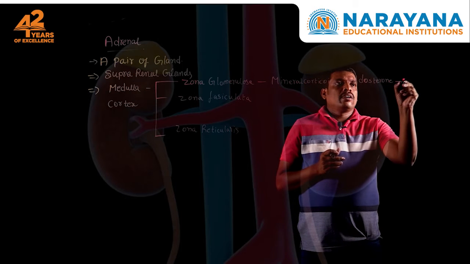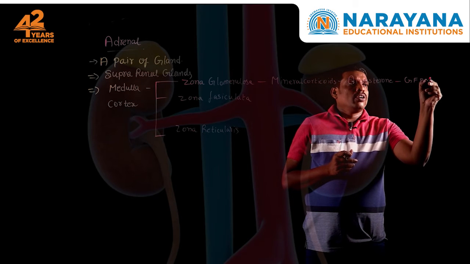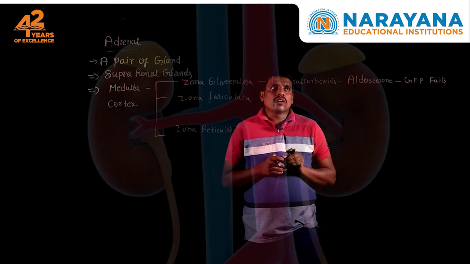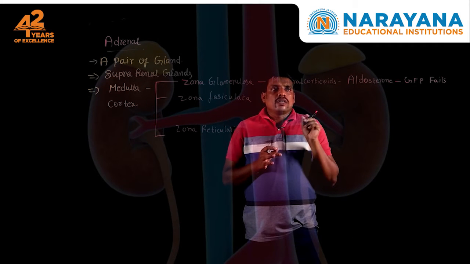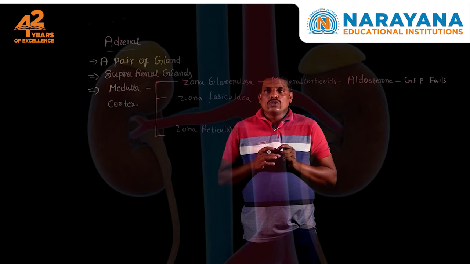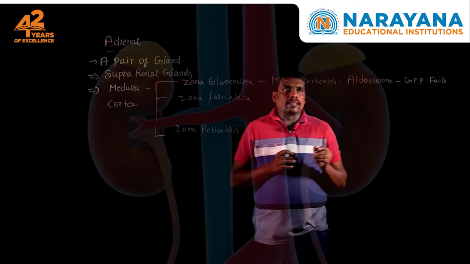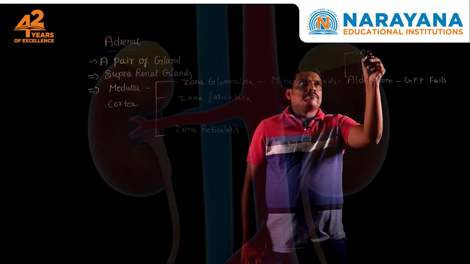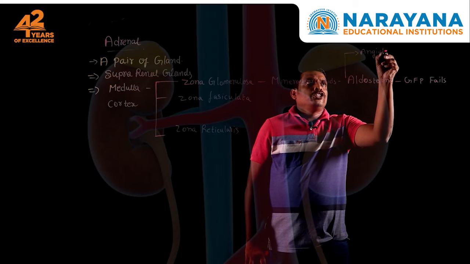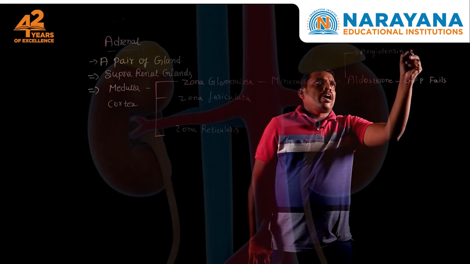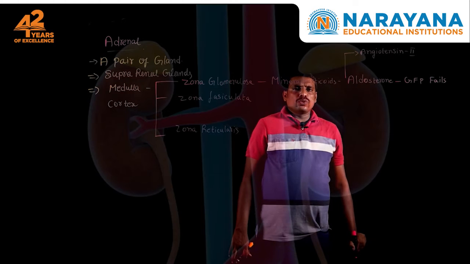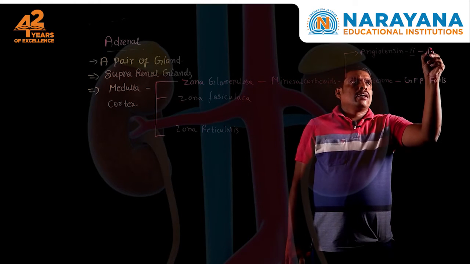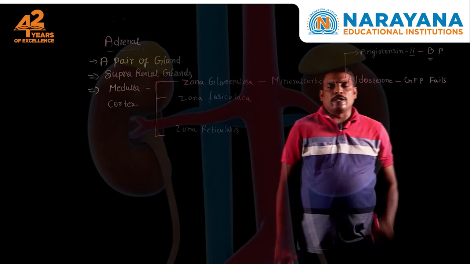Aldosterone is secreted when glomerular filtration pressure falls; immediately aldosterone is released from the zona glomerulosa of the adrenal gland. What are the functions of aldosterone? Aldosterone helps in the secretion of angiotensin II. What is the use of angiotensin II? Angiotensin II helps to increase the glomerular pressure by increasing blood pressure.